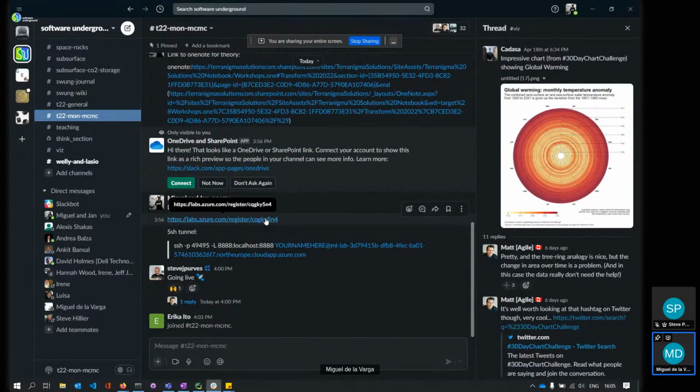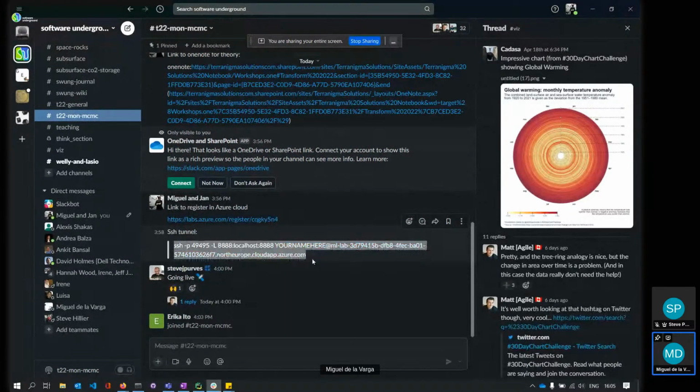There is one button to set the password of your virtual machine, and then you open your console and use this type of tunnel. Once you set the password, there is a small computer button that you can press, and it's going to give you a string very similar to this. If you use this, you will connect.